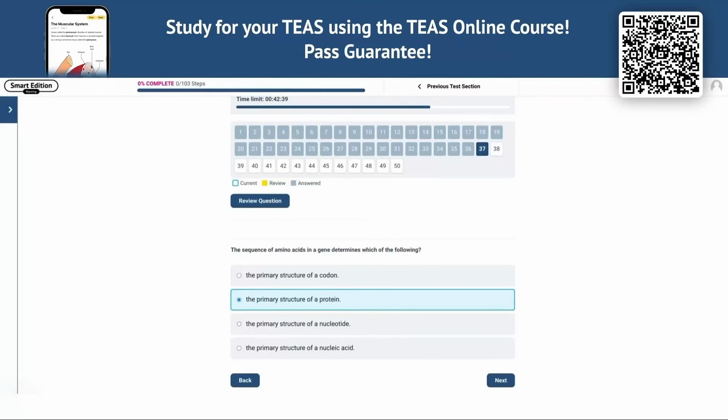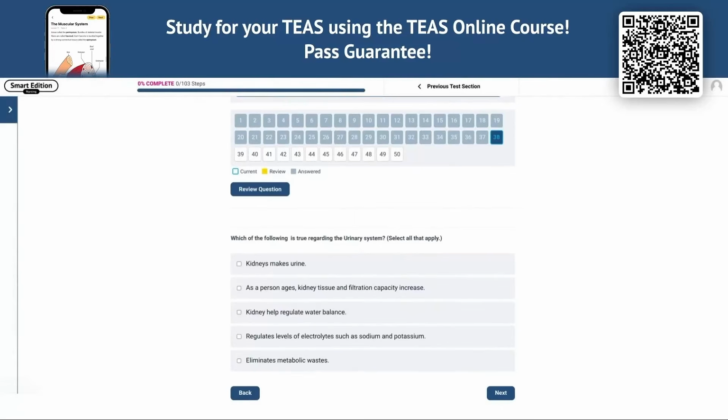Nucleic acids are chains of nucleotides, not amino acids. Basically, this is meant to code for a protein, not to define another nucleic acid structure. So the right answer here is the primary structure of a protein, because the gene sequence directly determines the sequence of amino acids, which then would form the protein's primary structure.